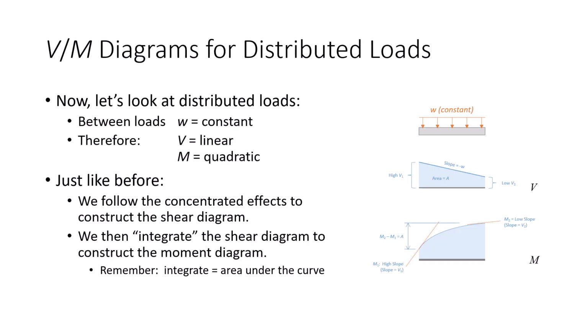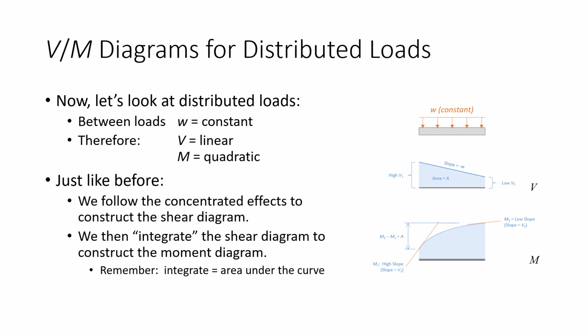Now, what does it look like when you construct a shear and moment diagram for a distributed load? Well, remember that whole lot to a little thing we discussed in statics? So if you have a constant load, that means you're going to have a linear shear diagram. The slope of the shear diagram is going to equal whatever that load is.